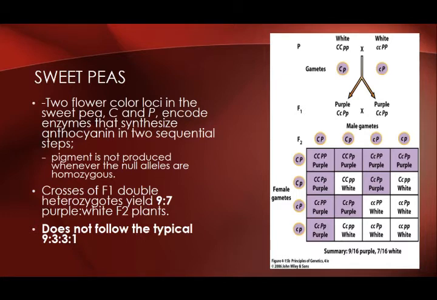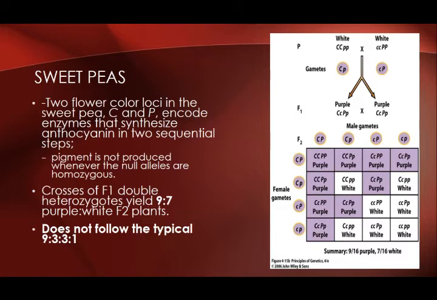So if you can see there, big C, small p, crossed with small c, big P. The gametes you will have are big C, small p, and small c, big P. So F1, all of them are heterozygous: big C, small c, big P, small p. Purple is big C, small c, big P, small p. Alright.